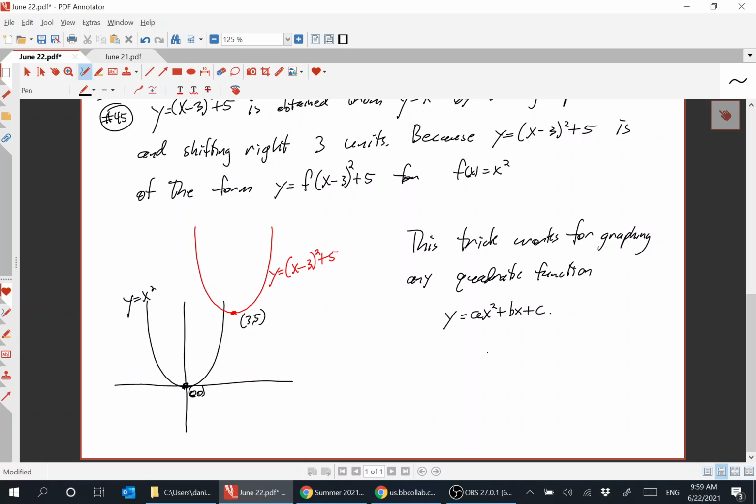Forgetting about the a for the moment, let's just assume a is equal to 1. But this trick works for graphing any quadratic function, because all these shifts can be applied after completing the square.